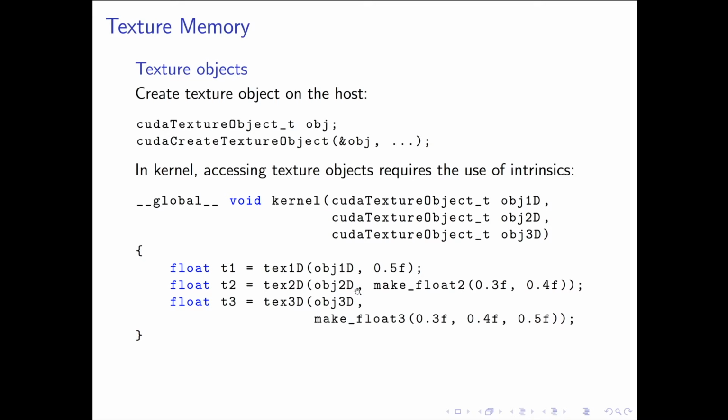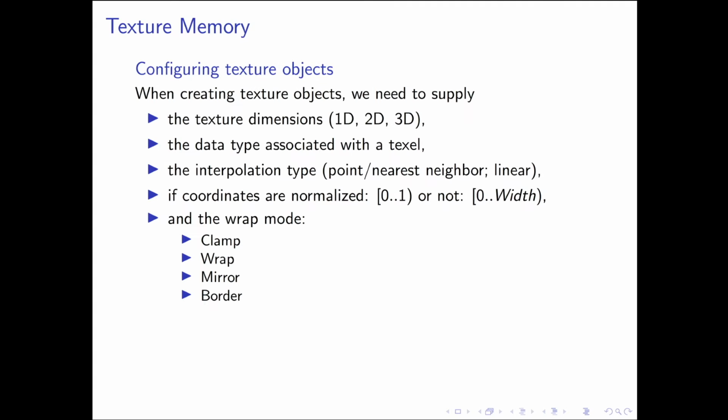The texture object is a 2D object, and we supply a two-dimensional coordinate, like this one here, that will access the texture at 0.3 and 0.4 in the x and y direction, and returns the floating point value there. If the coordinate for sampling isn't located directly on a grid cell, then the texture hardware will perform interpolation, and depending on how we configure it, it will perform linear interpolation.